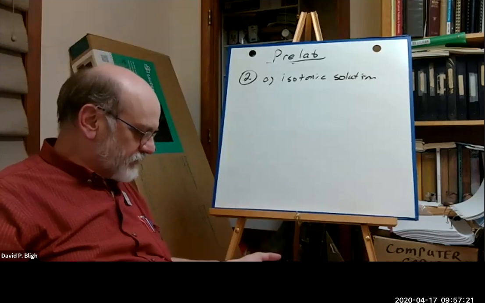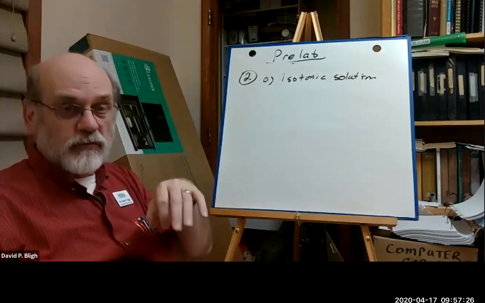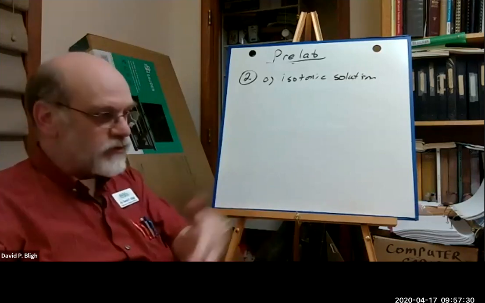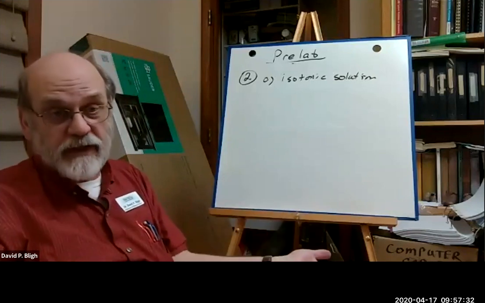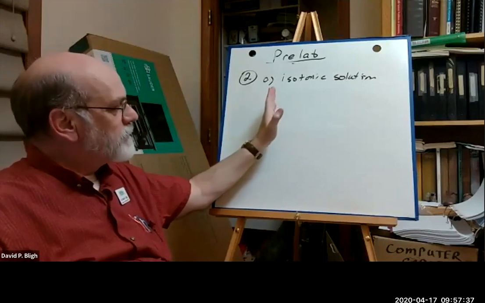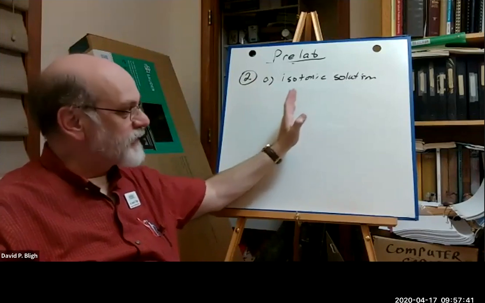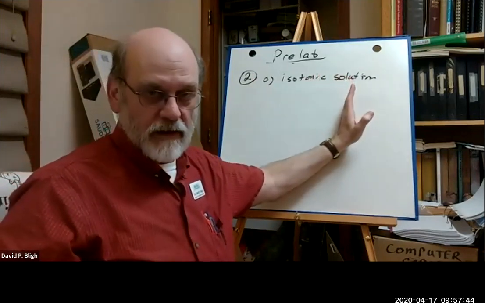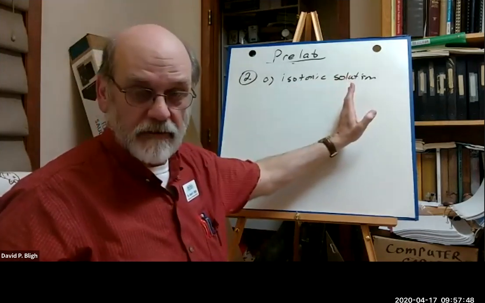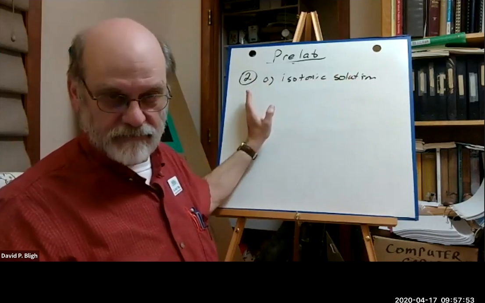So with that being said, although it's not absolute, you can refer to a difference in tonicity between this solution and that solution, and it doesn't matter what the solution is. So if the concentration of solute in this solution is the same as our solution of interest, then you would say this solution is isotonic with that solution.